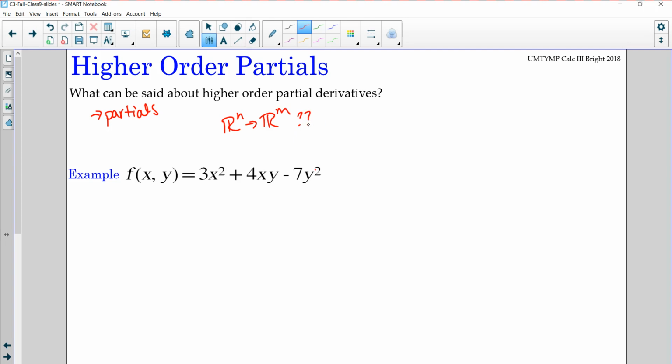Right now we have just a function that has one output, and so we can deal with functions in that case, and that's the lens which we're going to work under.